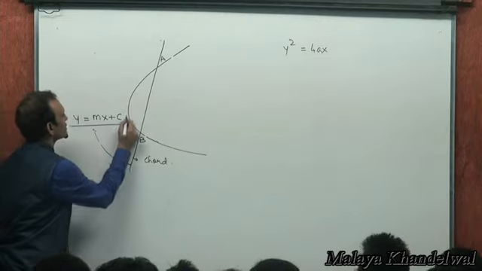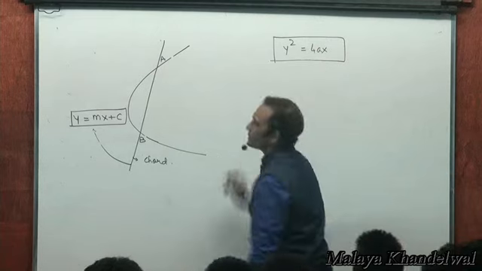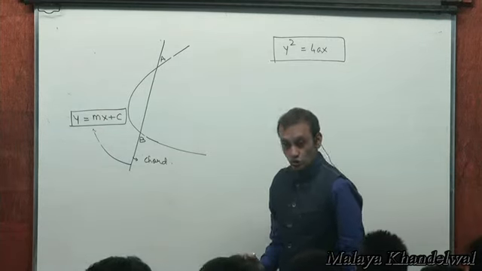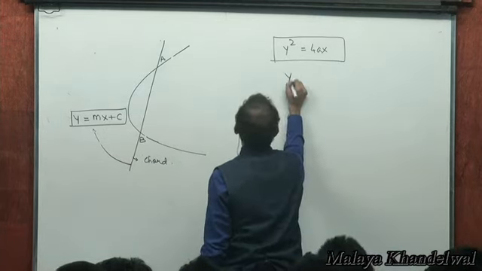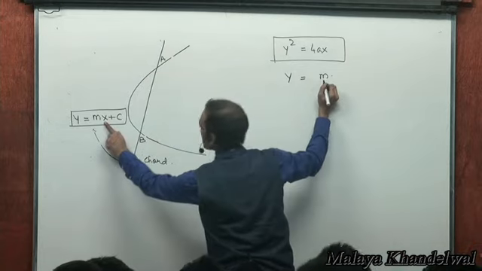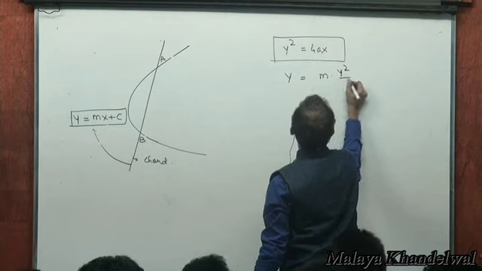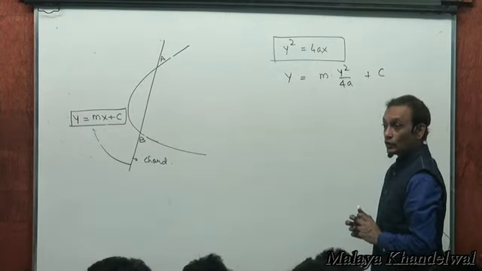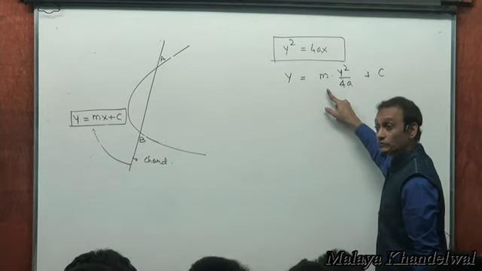Now when I solve this equation with the parabola, I would get the intersection points between the parabola and the chord. So in y equal to mx plus c, I replace x by y squared by 4a, which will give me a quadratic in y, the y of the intersection between the parabola and the chord.